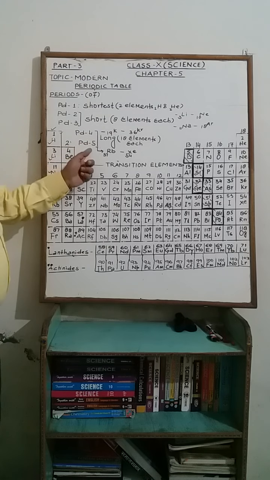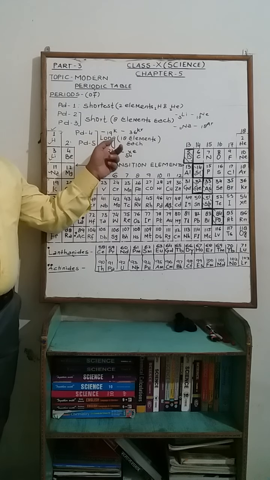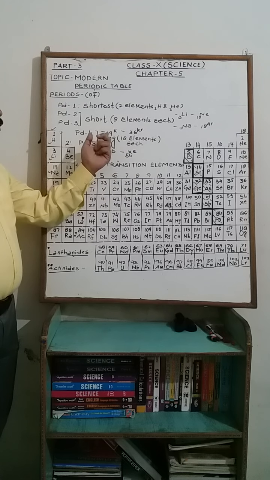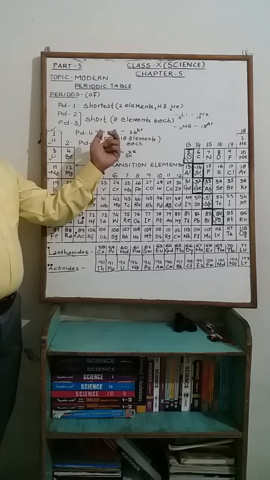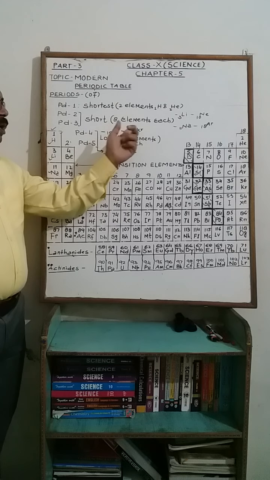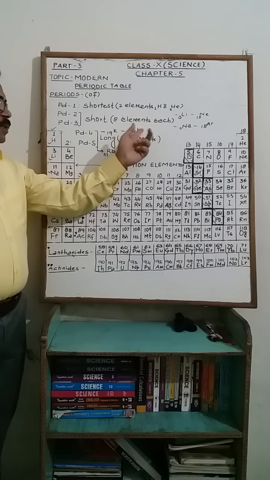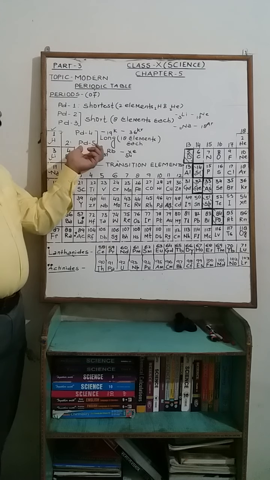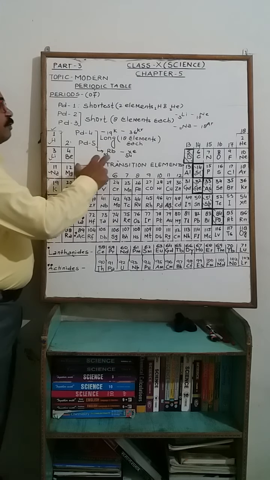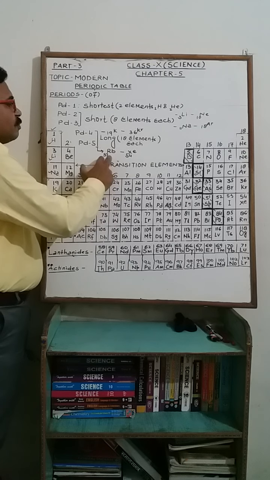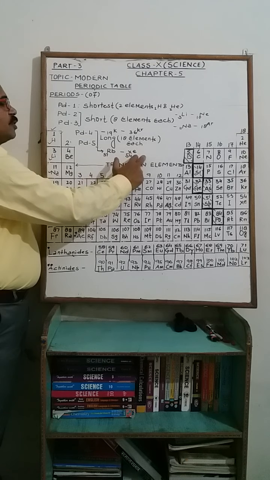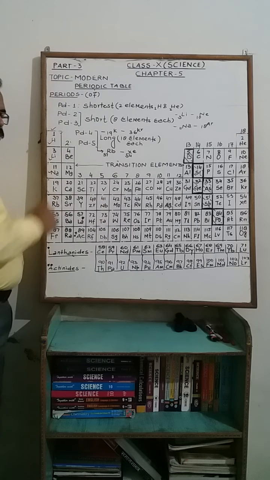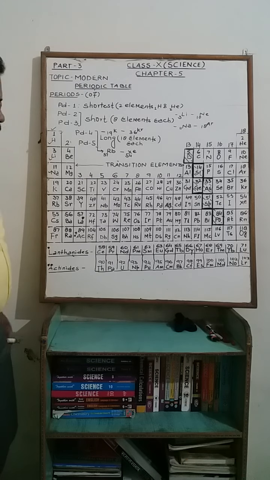Period 4 and period 5 are known as the long periods, having 18 elements each. In the fourth period, starting from alkali metal potassium up to the noble gas krypton with atomic number 19 to 36, and in period 5, starting from alkali metal rubidium with atomic number 37 up to xenon, a noble gas with atomic number 54. Clear? Take a screenshot.